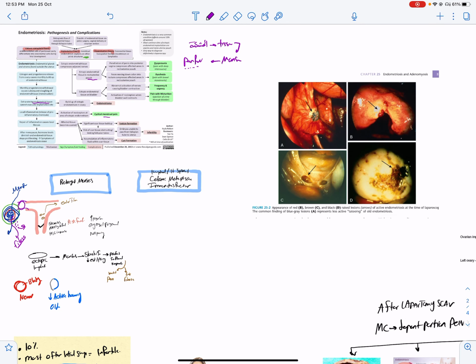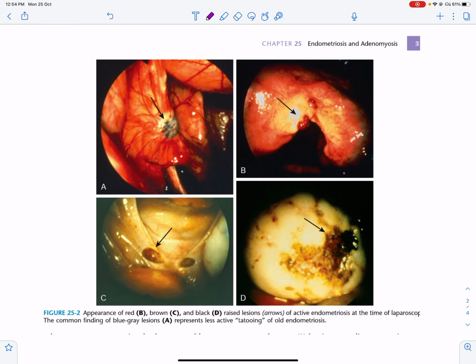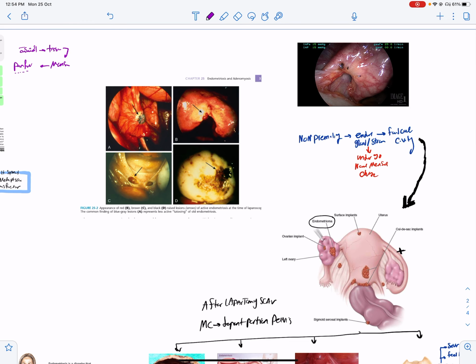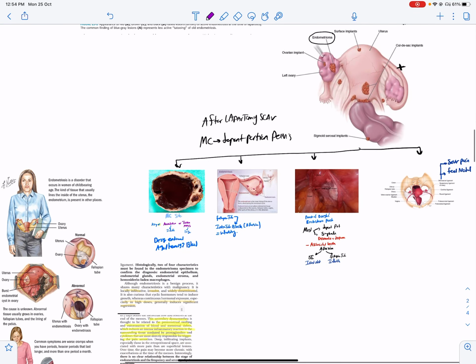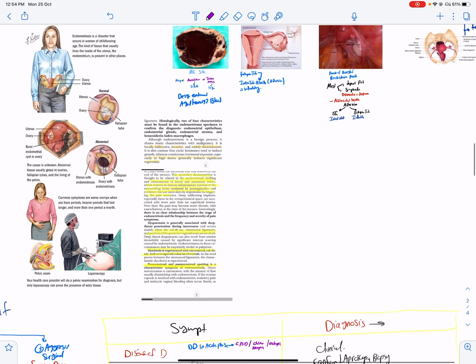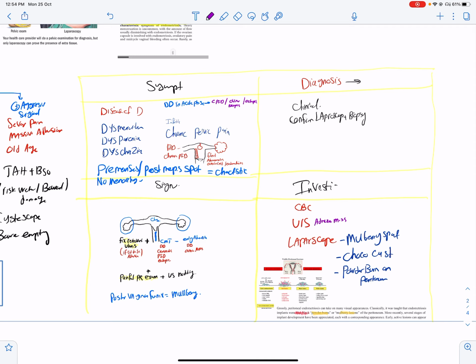Now we take up the risk factor, and now this is how you look at the laparoscope. Now remember, endometriosis you cannot diagnose by anything except during laparoscopy, and this is not a pre-malignant condition. Now you have mulberry spots, and something called powder burn in the peritoneum.